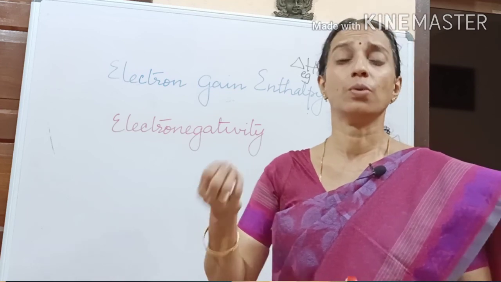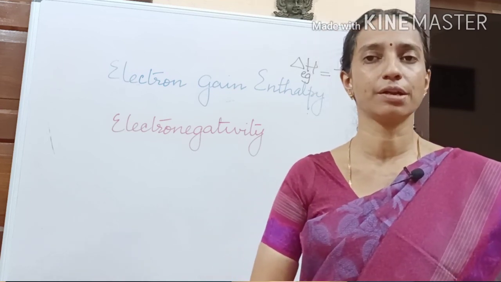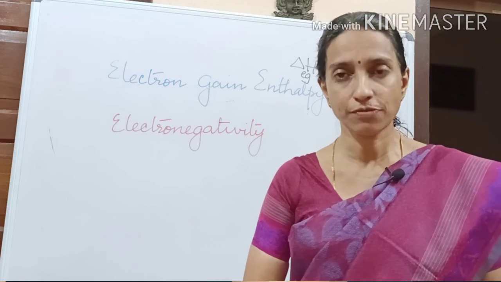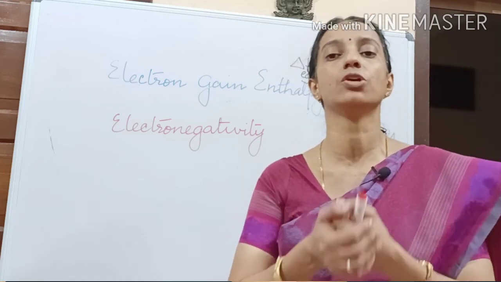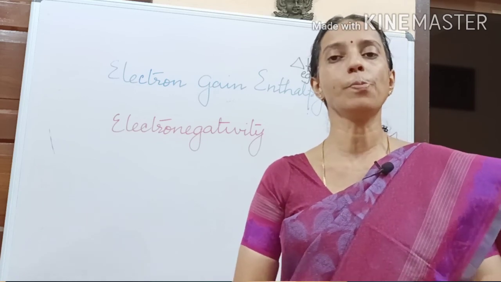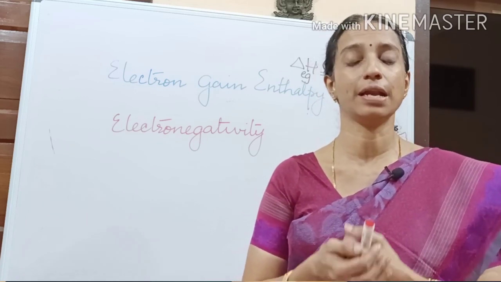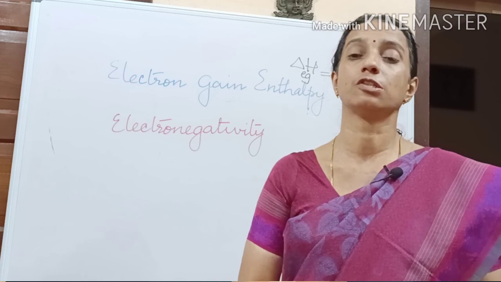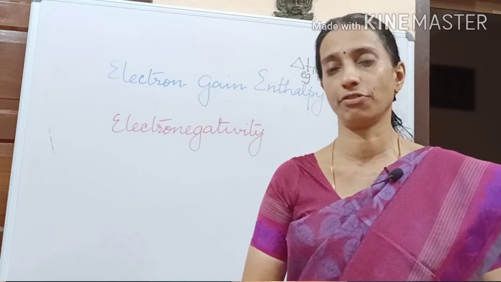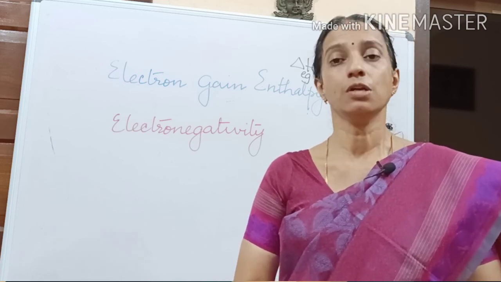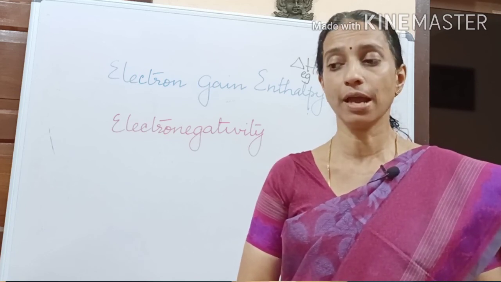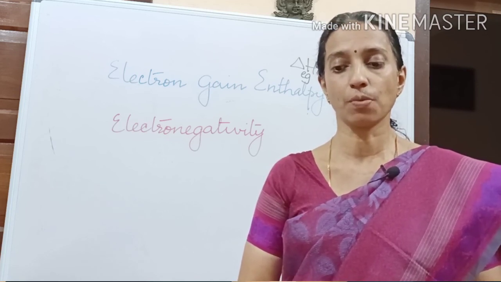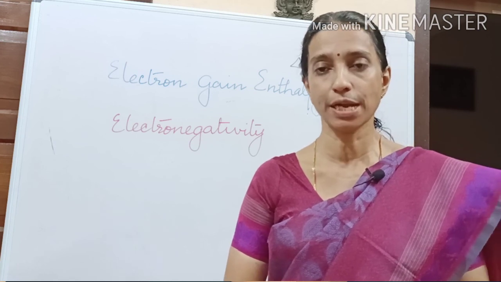And when non-metallic character increases, the electronegativity keeps on increasing and it becomes maximum in group 17. Group 18 doesn't have an attractive power because it already has a stable configuration. Hope it is clear. So group 18 elements will have neither electropositivity nor electronegativity.